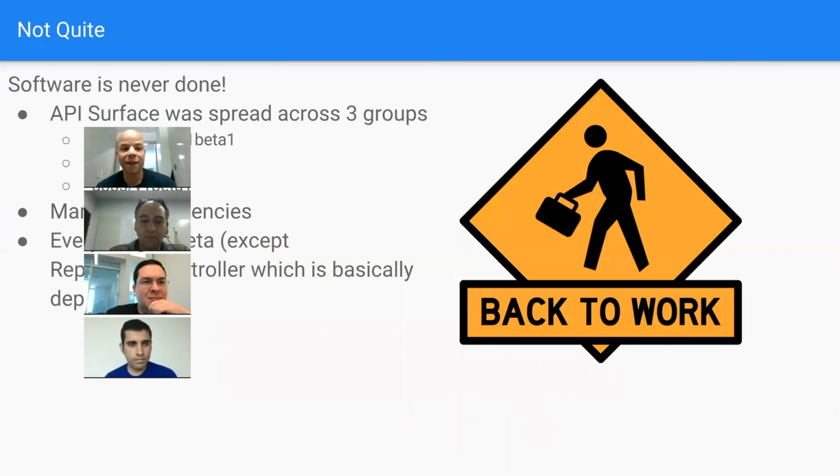Well, software is never done. And by the time we had actually gotten deployment, daemon set, replica set, and stateful set out there and at a beta level of stability, they were spread across 3 different API groups. There were many inconsistencies in terms of like what rolling update looked like, what the statuses looked like. And primarily the issue was everything is beta.